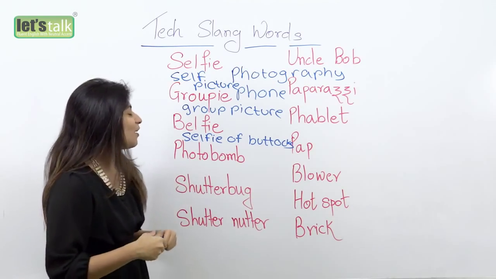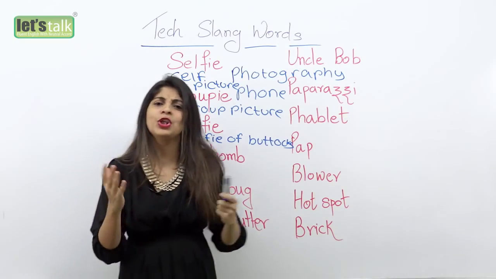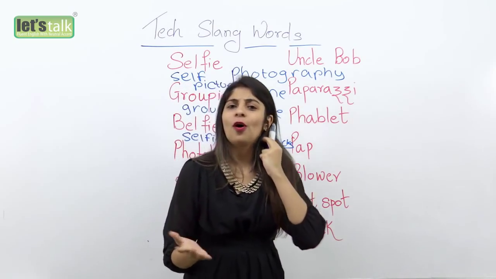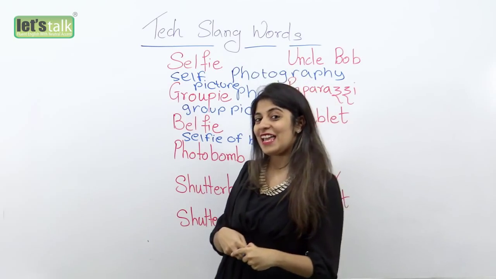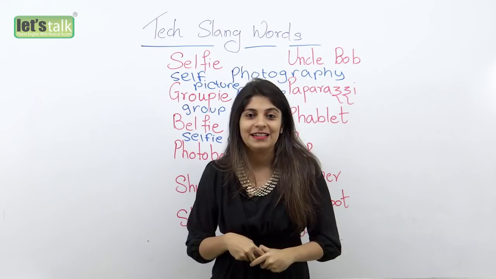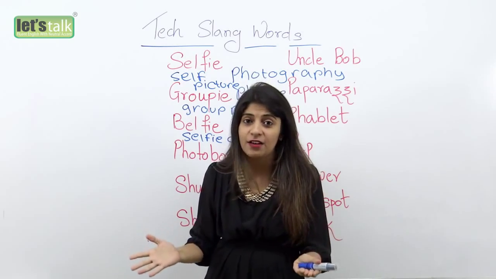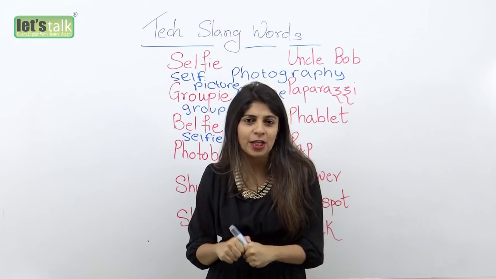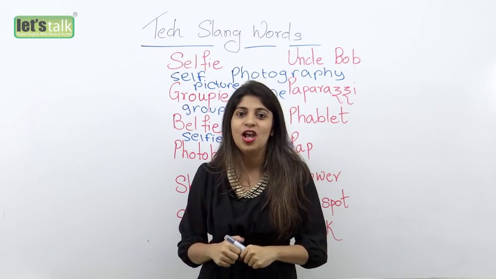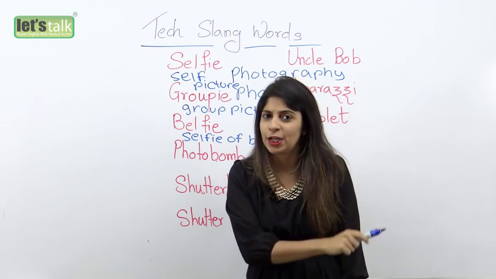The next word over here is photobomb. Now, when you are taking a picture with your loved one, you're smiling and posing for a picture, and there goes your friend who just hops in. He's definitely uninvited, but hops into the picture the moment it's taken. So this means that he photobombed your picture.